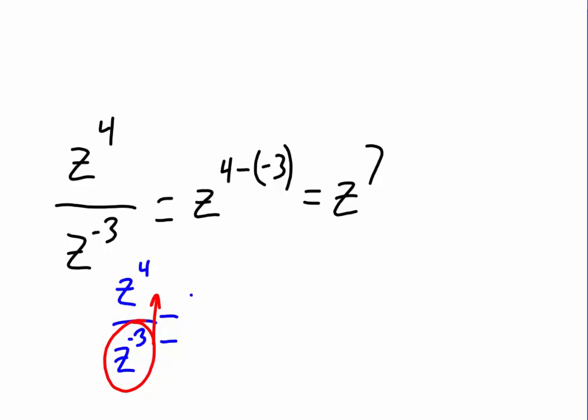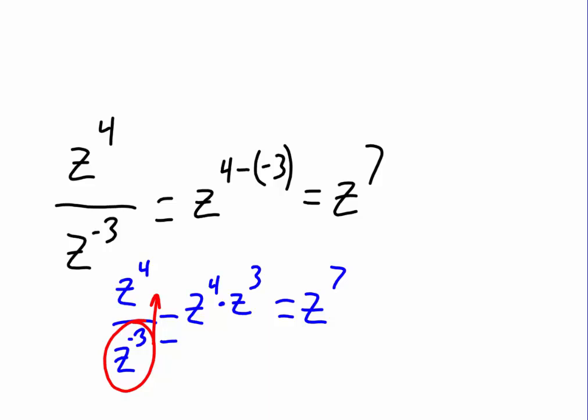So we end up with z to the 4th times z to the positive 3. And then we have just the multiplication rule, where we add the exponents. 4 plus 3 is equal to z to the 7th. Kind of cool how that works.